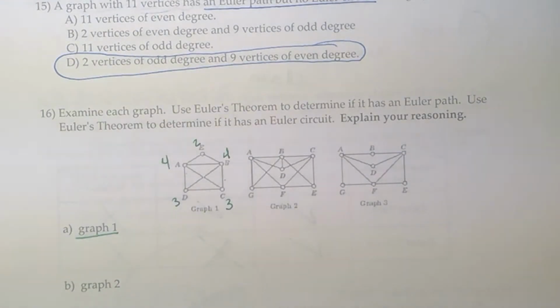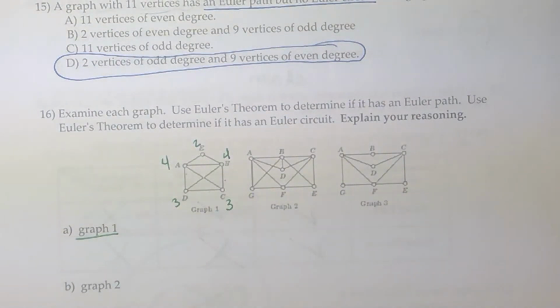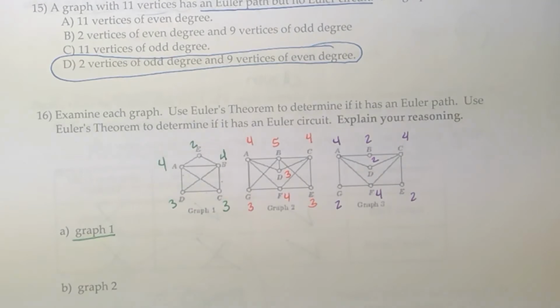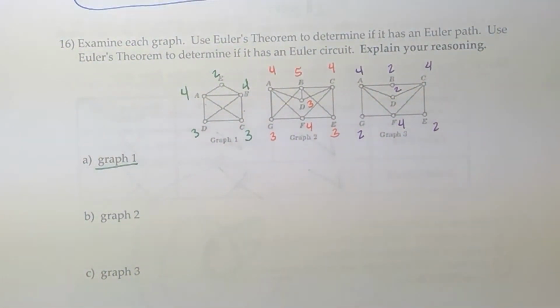Those are the degrees for the vertices for graph 1. So pause your video while I pause mine. Finish finding the degrees for the vertices for graphs 2 and 3. Okay, so compare your degrees of your vertices that you wrote down to what I got. Make sure they match. And if they don't, double check yours because I'm certain mine are right this time.